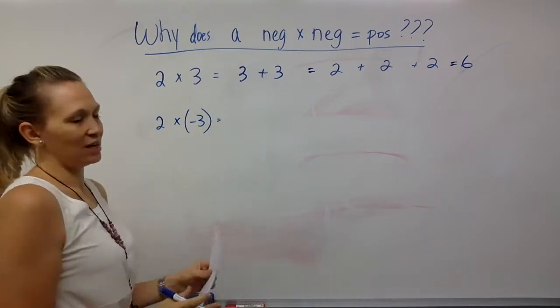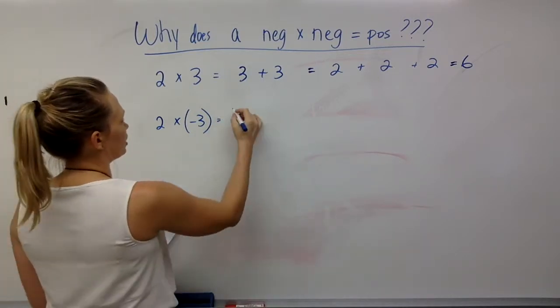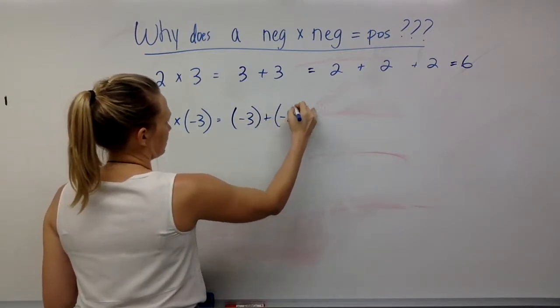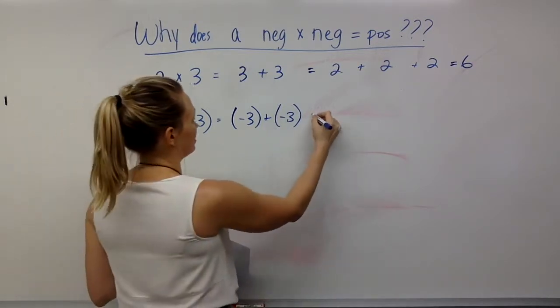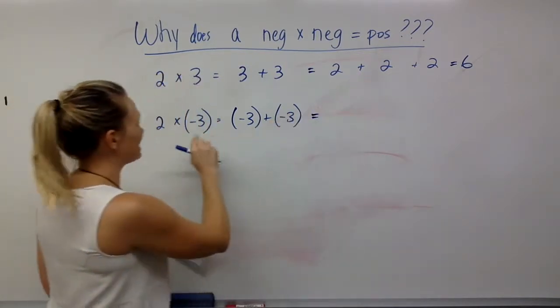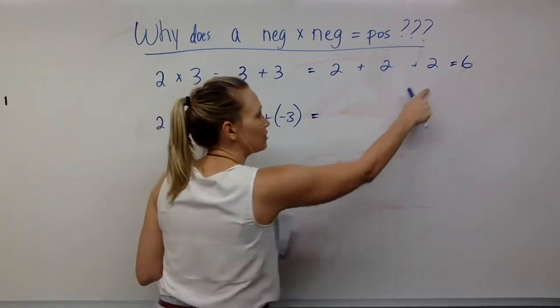I think this also kind of makes sense to you already. But now I'm going to do the repeated addition of negative 3. So negative 3 plus negative 3 then is negative 6. Or I could do the repeated not addition, because negative 3 is the opposite of 3, so I need to do the opposite of what I did here.